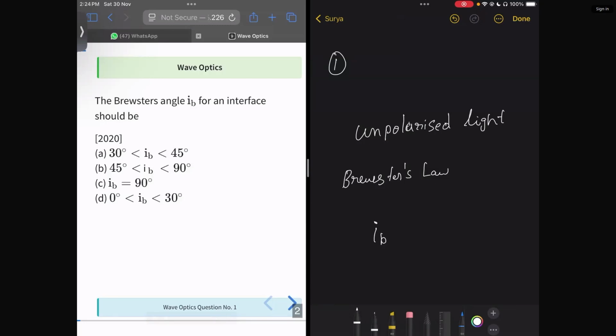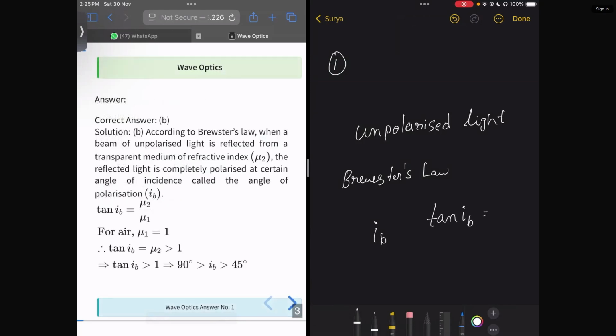So this is the law: tan iB is equal to mu2 by mu1.